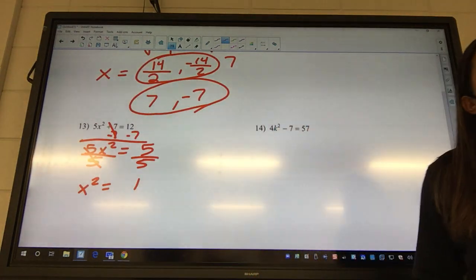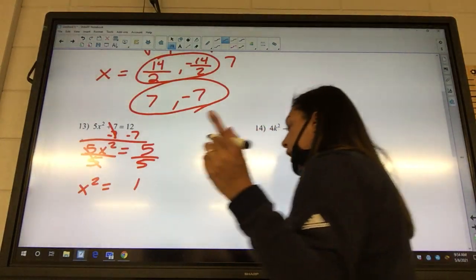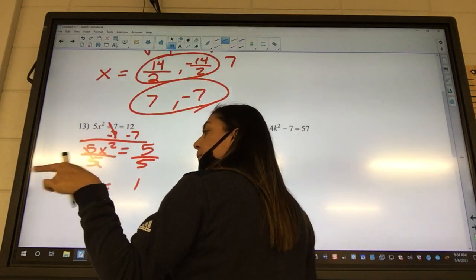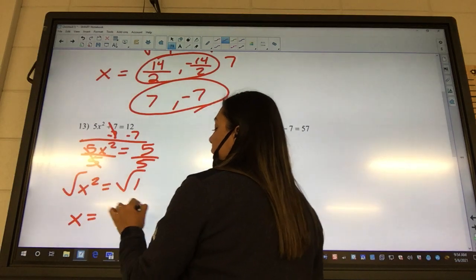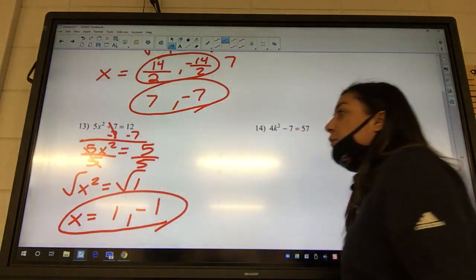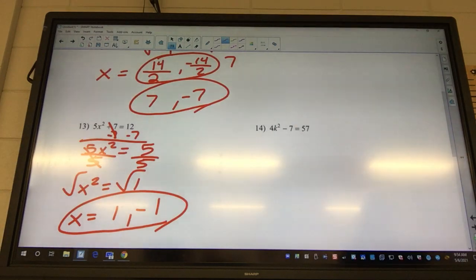Now square root. So we got x equals 1 and negative 1.